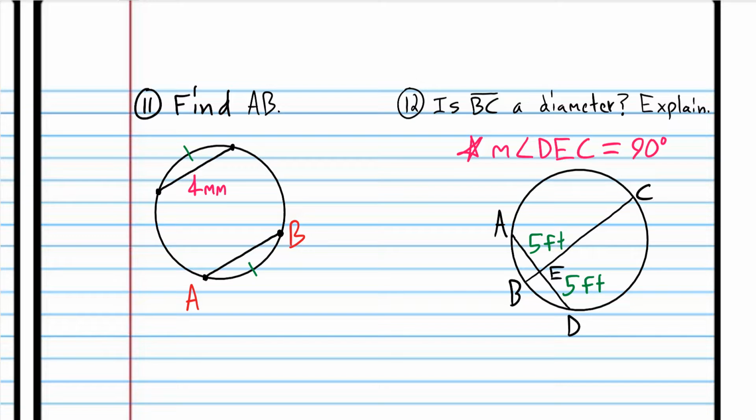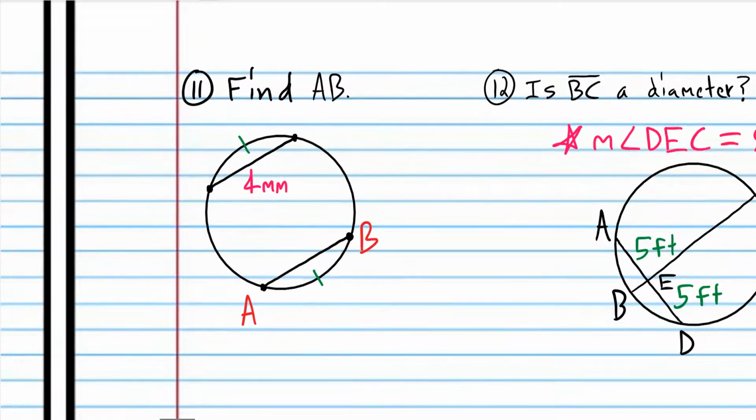All right, we're back. In this problem, we're going to have to use the arc-chord pair congruence theorem. And what that says is if you have two arcs created by chords that are congruent, those chords must also be congruent.